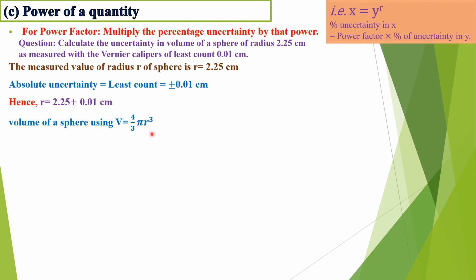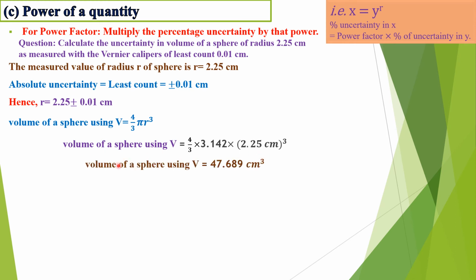V is equal to 4 divided by 3 multiplied by 3.142, that is the value of pi, multiplied by 2.25 centimeter whole cube, where 2.25 is the measured value of radius. By solving, we get V is equal to 47.689 centimeter cube.